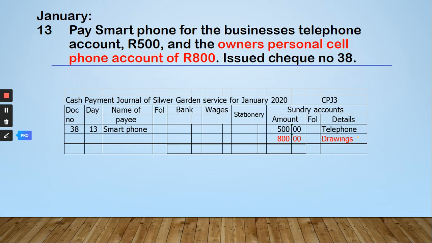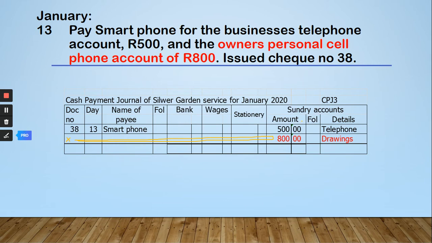So now you can see that I'm going to pay Smartphone two amounts, but I'm going to give them one check. Two amounts: 500 Rand for telephone and 800 Rand for drawings. And then what I usually do is I make a little cross over here to tell me that when I do the next transaction, I'm not going to write in this row over here because we already have a transaction over there.